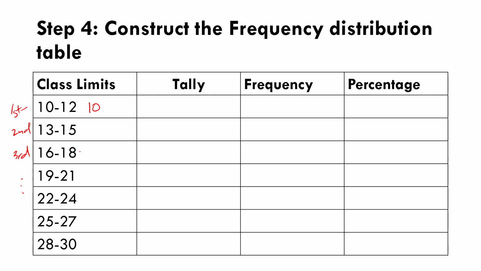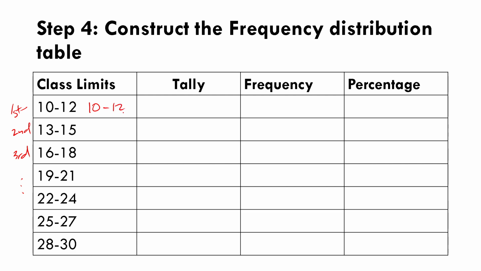The numbers inside each limit or interval is what we call the class size. Now, we have 10 to 12 here. How did we get that? Basically, we count starting from the lowest value, 10, then plus 3. That will be 13 minus 1, that is 12.